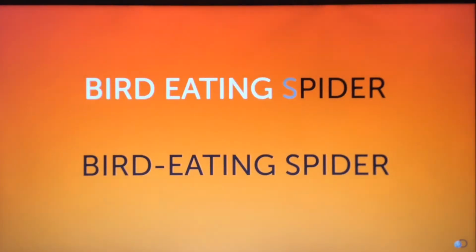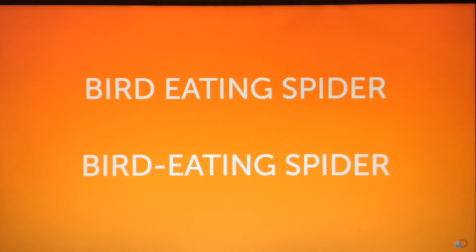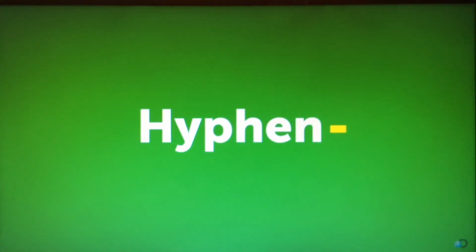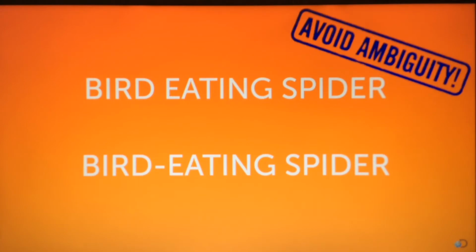Bird eating spider. Bird eating spider. The difference is the hyphen. Hyphen. Using a hyphen to link two words can change the meaning of those words or phrase and can avoid confusion. In other words, avoid ambiguity.